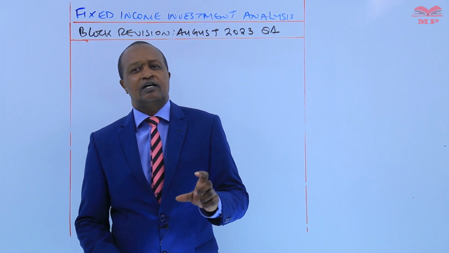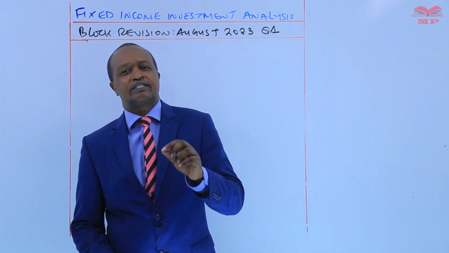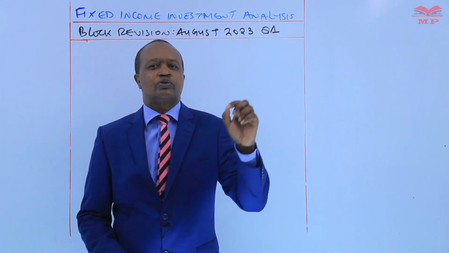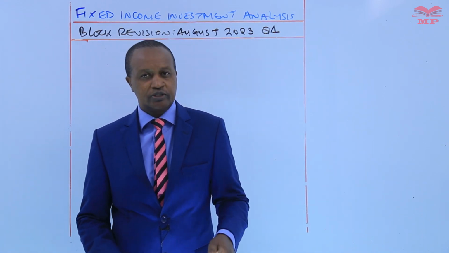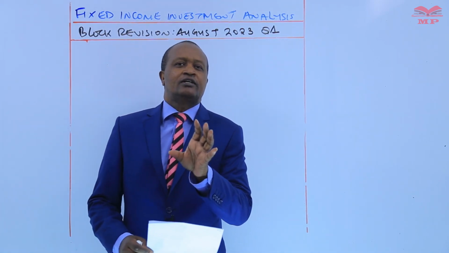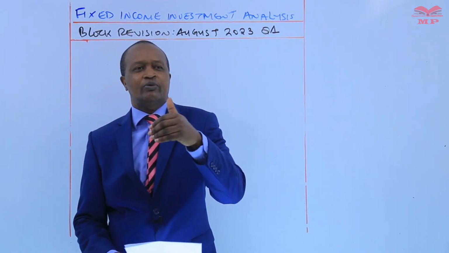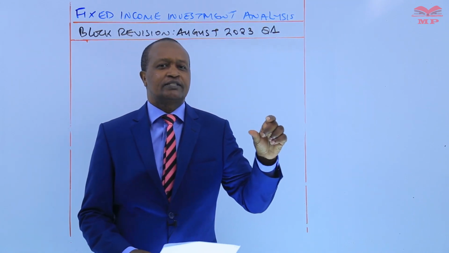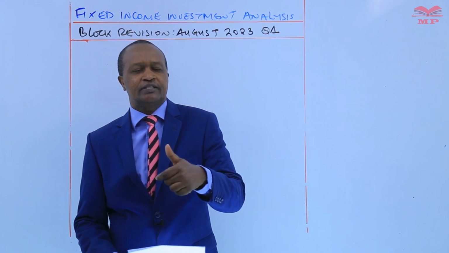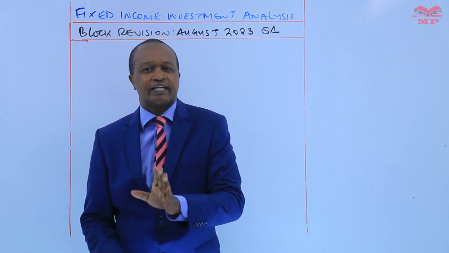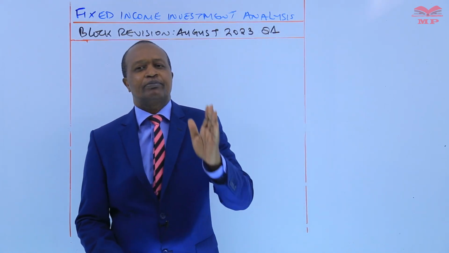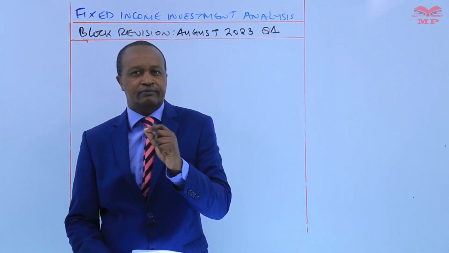Dual currency bonds are also known as multi-currency bonds. These are bonds where the coupon payments and or the principal repayments are denominated in one currency but are paid in another currency at a predetermined exchange rate.